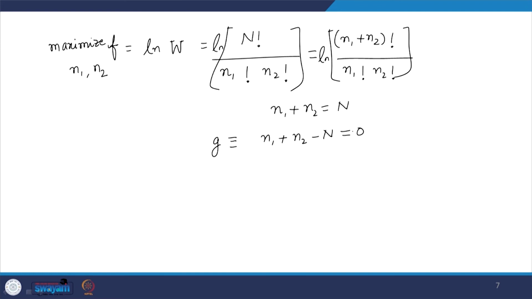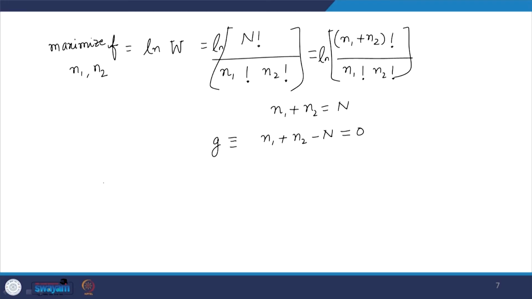So, if I state the problem in this way, I re-emphasize, I am no longer using the constraint to eliminate any variable in the problem, and every time we had capital N, we can replace it with n1 plus n2, because the fact that n1 plus n2 is equal to capital N is taken care of in the constraint equation.